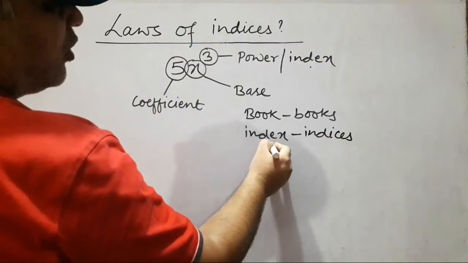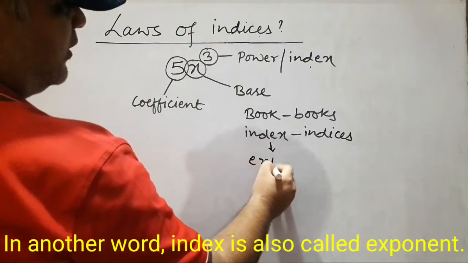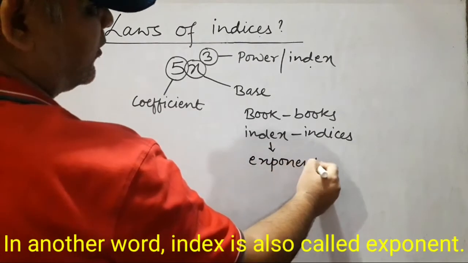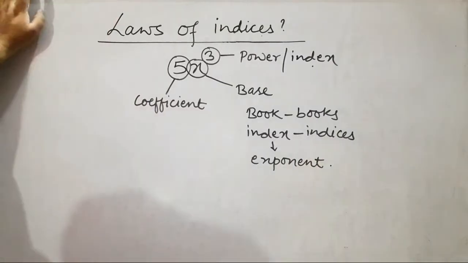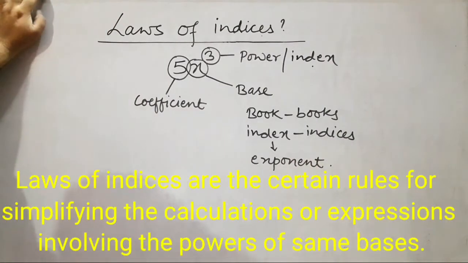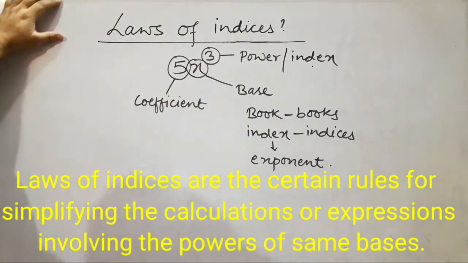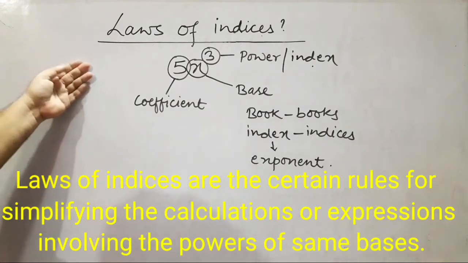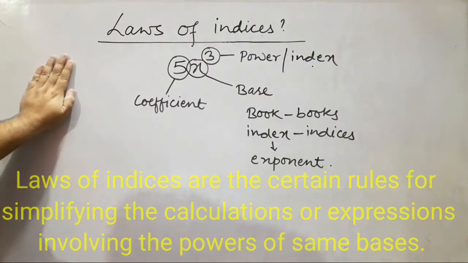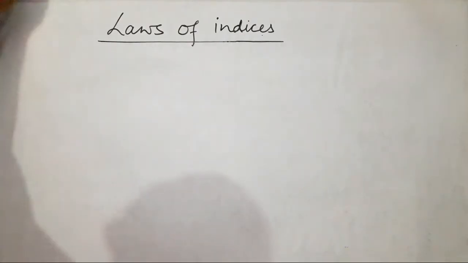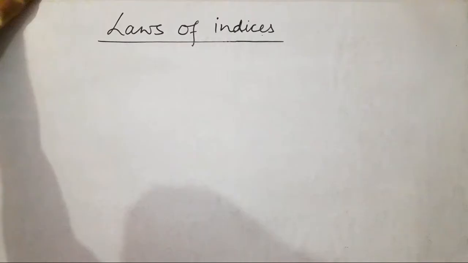Index is also called exponent. So, the laws of indices are certain rules for simplifying calculations or expressions involving the powers of the same bases. Now we are going to study the laws of indices.